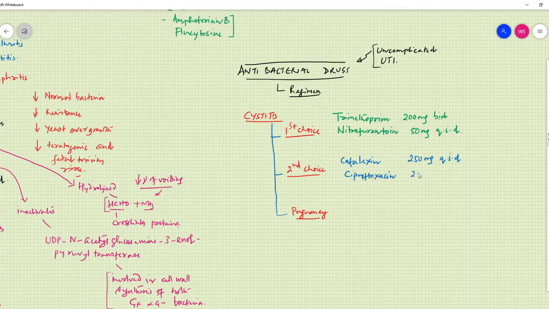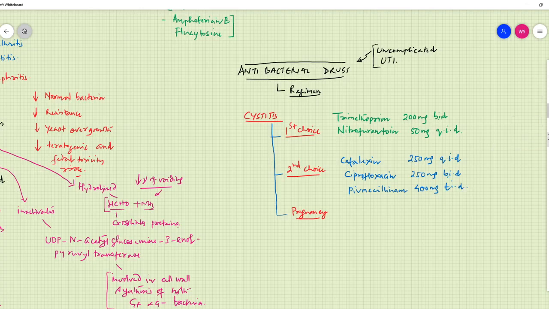Ciprofloxacin is again 250 milligram BID, 2 times a day. And then there is pivmecillinam. This is 400 milligram TID, 3 times a day.